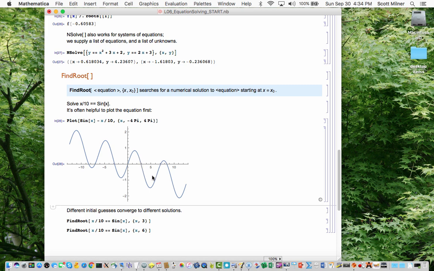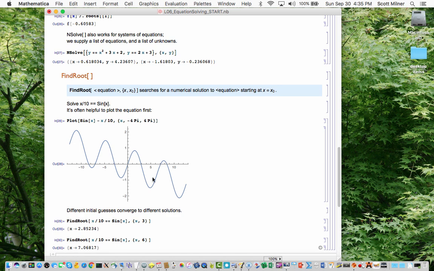If I guess x around 6, maybe I'll find that root. And so FindRoot, the form of it is write the equation and then a list which is the variable and its initial guess. So as I say, if I make my initial guess 3, then I get this root here which is 2.8 something. If I make my initial guess 6, then I get this root here which is about 7.